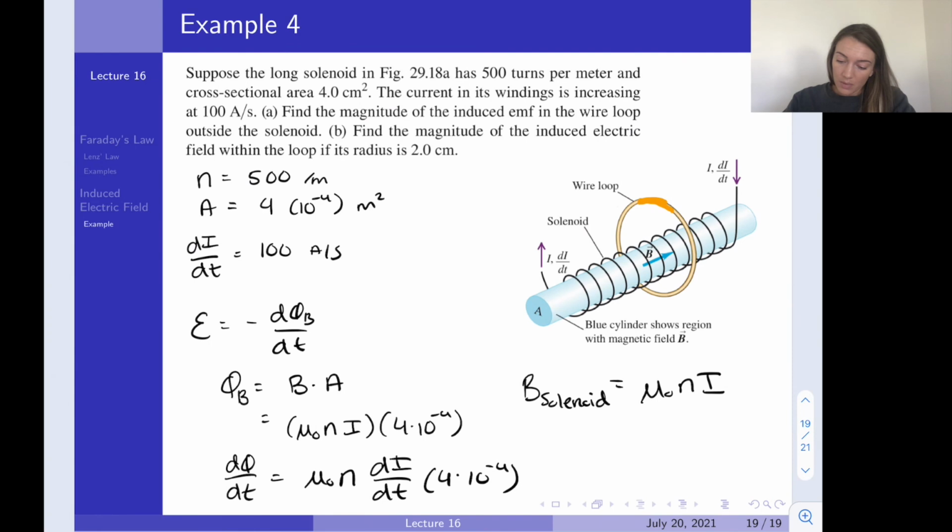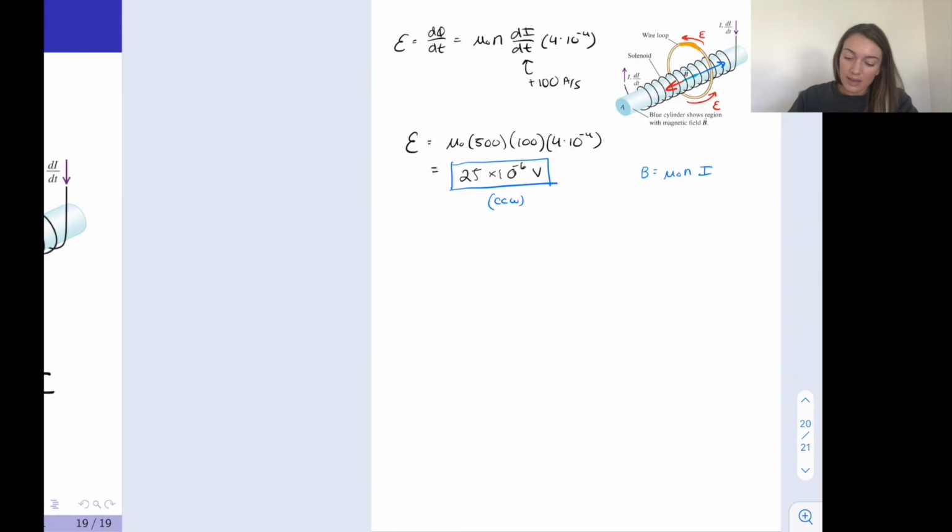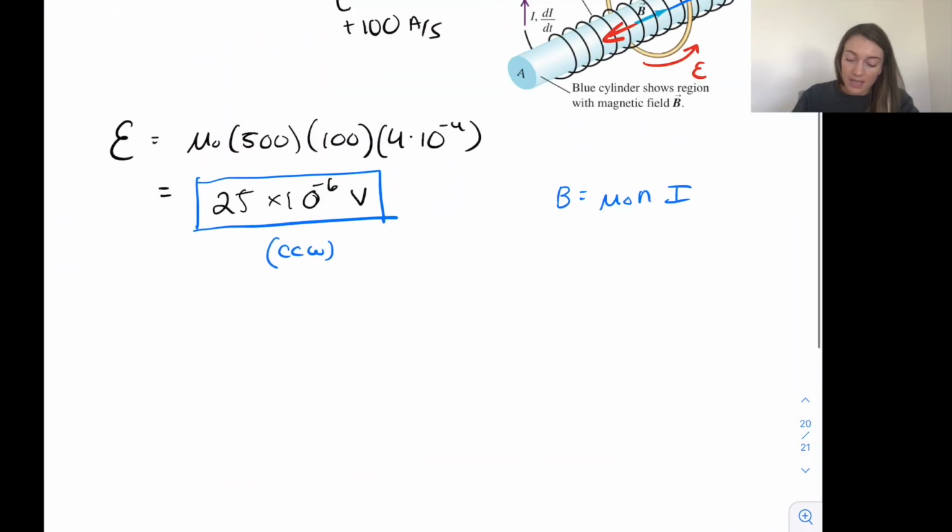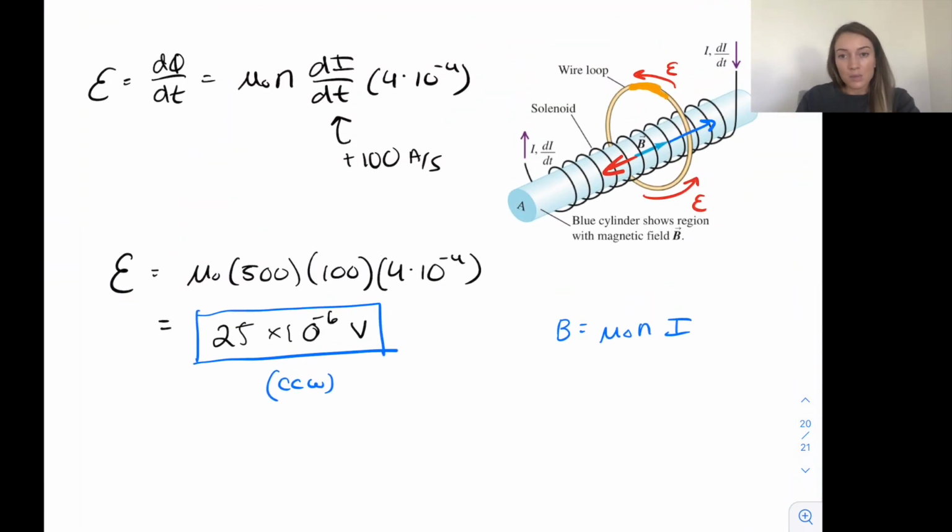And then we wanted to find the magnitude of the induced electric field within the loop if this wire loop's radius is 2 centimeters. So now that we found the EMF, we can use our Maxwell's equation to find the electric field in this wire here.